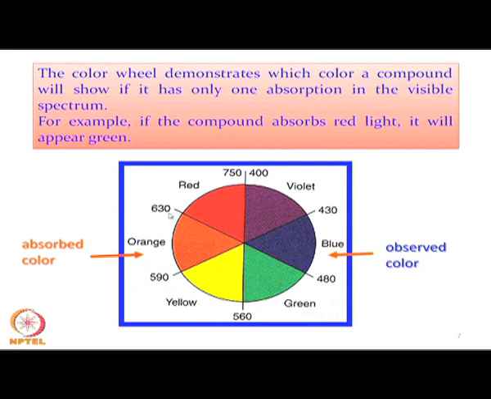So, this particular span is only 40 nanometer, but the observed color also spans less, it is only 50 nanometer. So, within the 50 nanometer range we have only the blue color.